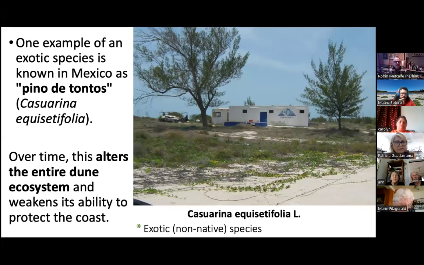Another example of an exotic or invasive species is Casuarina equisetifolia. It's an Australian tree, and over time this alters the entire dune ecosystem and weakens its ability to protect the coast. It is very dangerous in Sisal, this species.